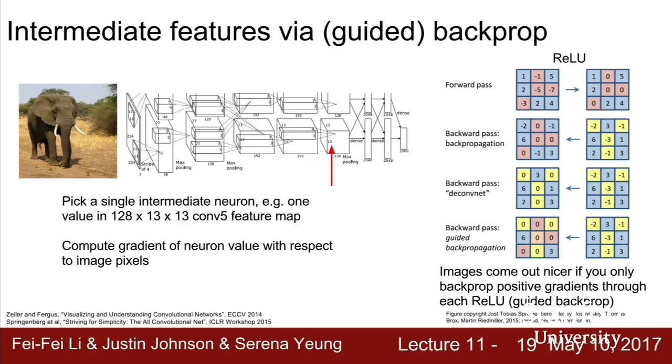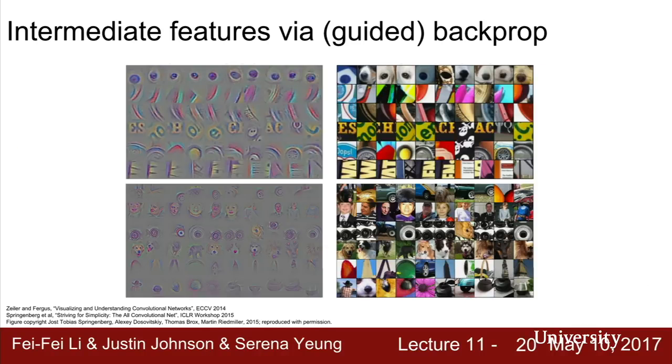So you're no longer computing the true gradient. Instead, you're only keeping track of positive influences throughout the entire network. Maybe you should read through the papers referenced here if you want a little more detail about why that's a good idea. But empirically, when you do guided backpropagation as opposed to regular backpropagation, you tend to get much cleaner, nicer images that tell you which pixels of the input image influence that particular neuron.